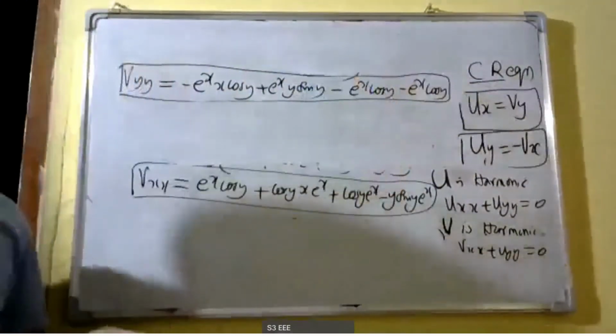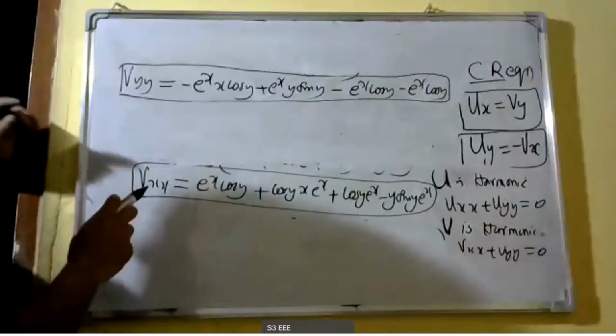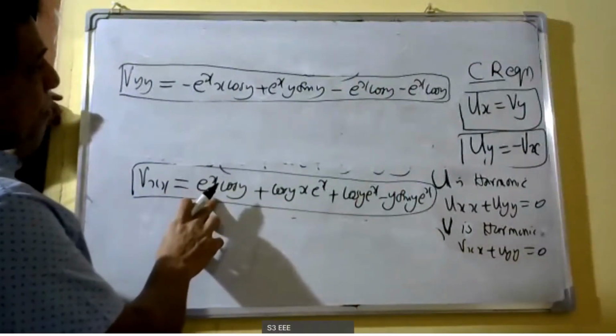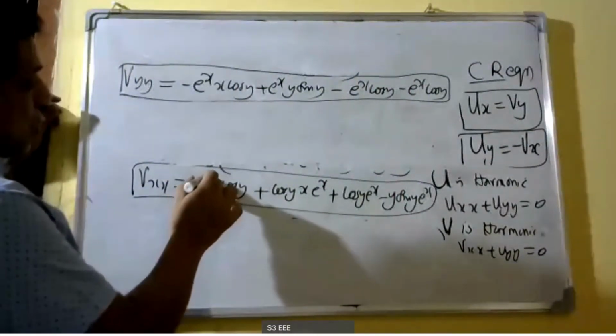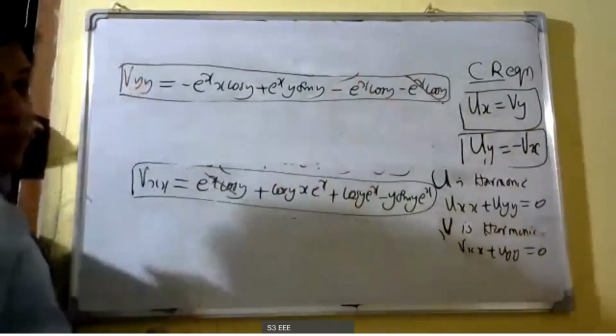When we add these two terms, here e raised to x cos y and e raised to x cos y cancel.